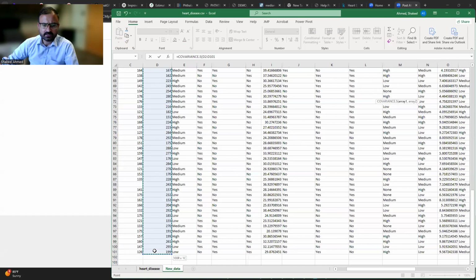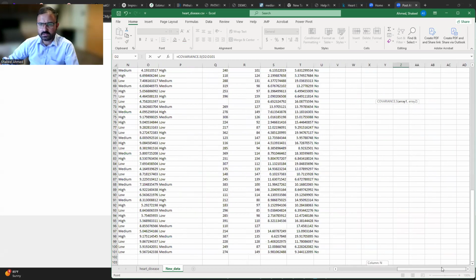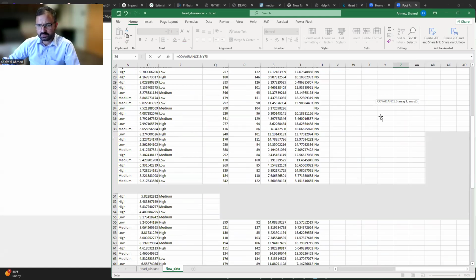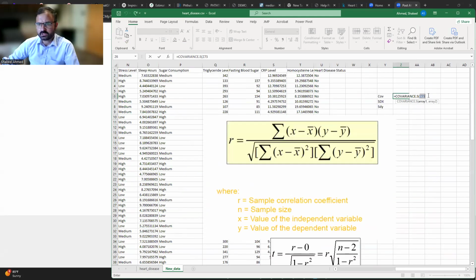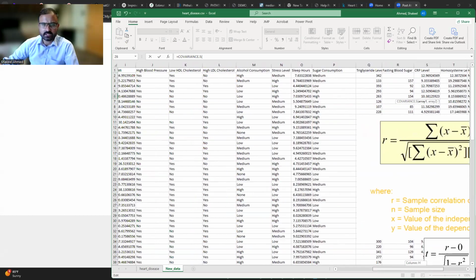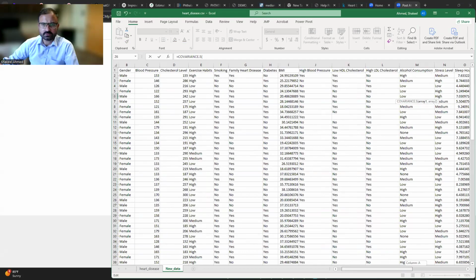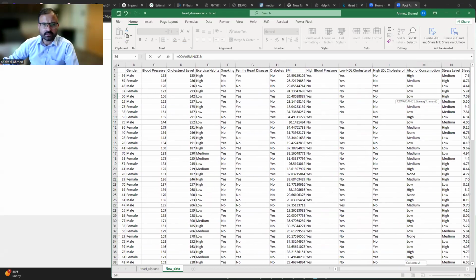as array 1, and the BMI. Okay, it's not working. Let's check. We can just note down the variable columns and then use the cell references.